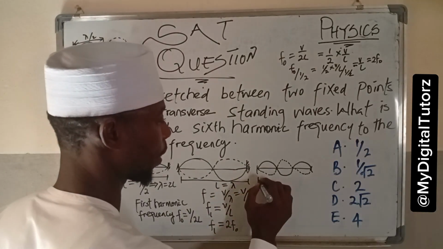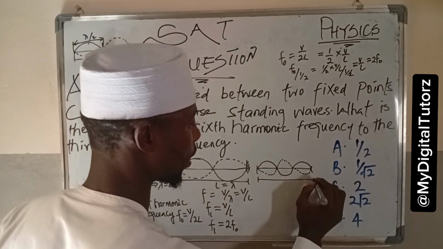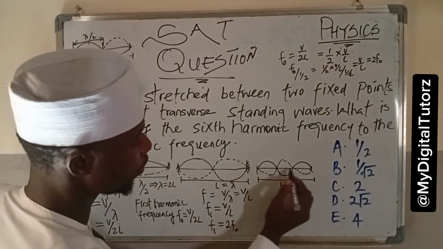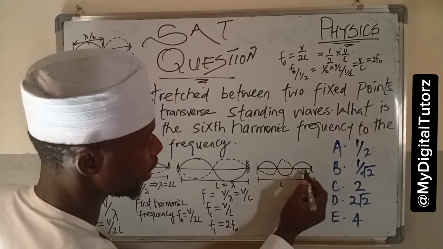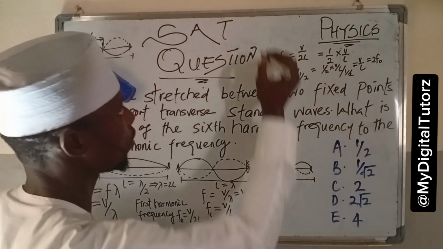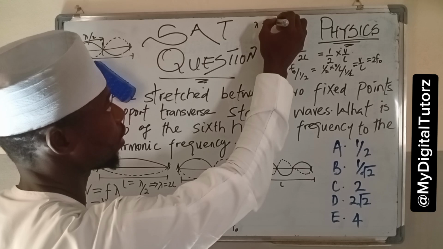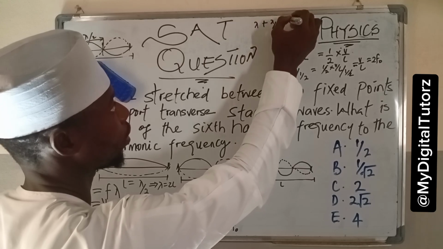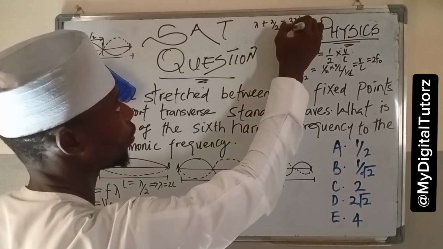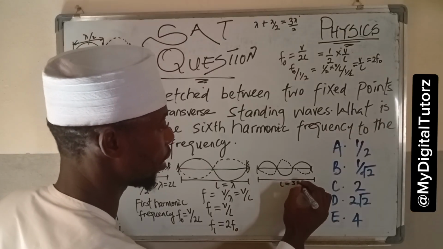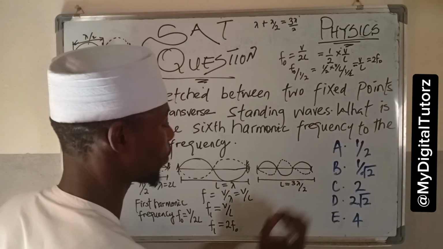So from here, we say here is our L length. Since from here to here is one wavelength and here is a half wavelength, I'm going to have one wavelength plus half wavelength, which is lambda over 2. That will give us 3 lambda all over 2. So our length is equal to 3 lambda all over 2.